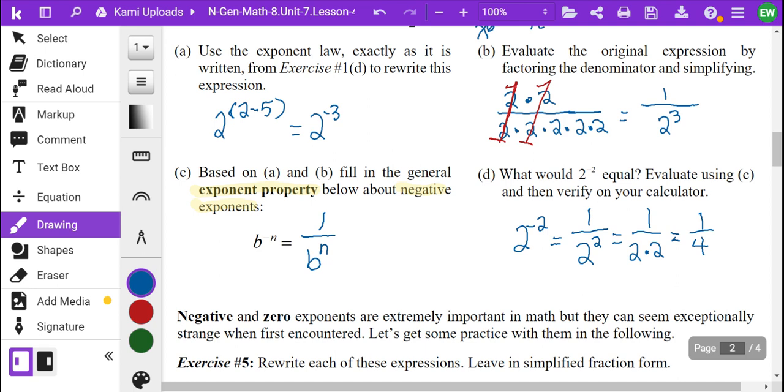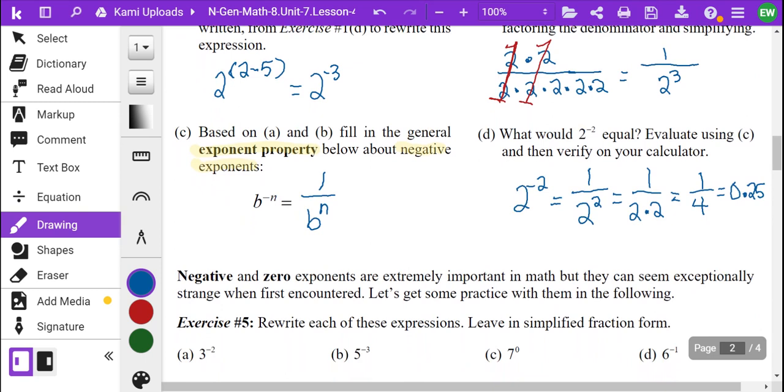Okay, so the answer here I got is 1/4, which is equal to, in decimal, which is what you probably got in your calculator, 25 hundredths. Because it's 1/4, right? 1/4 is 1/4.